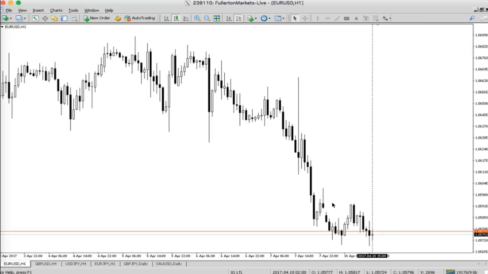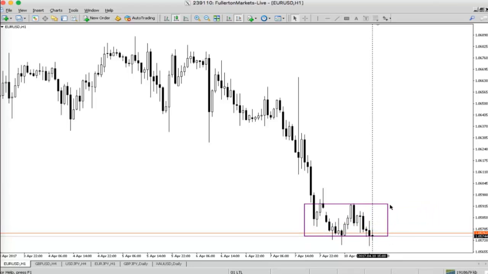The market has been consolidating for the last day or so of trading, from Friday until now. So the consolidation is within this area over here.